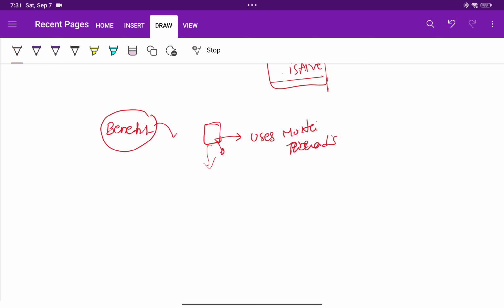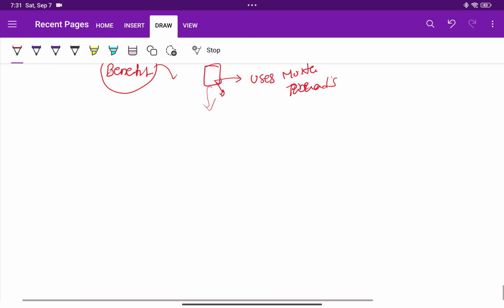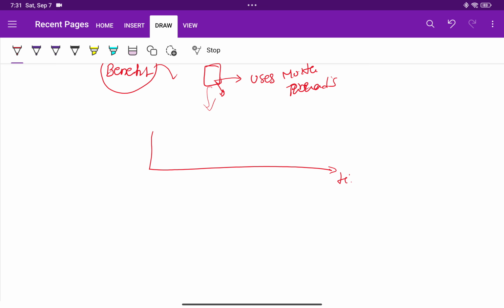Then what happens? I will draw the time diagram. This is the time and these are the tasks. Assume it is a single task only instead of combined. This is the task.